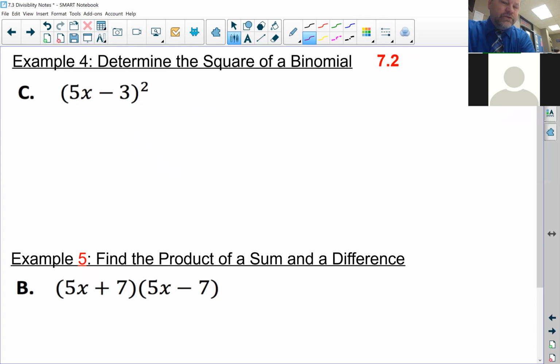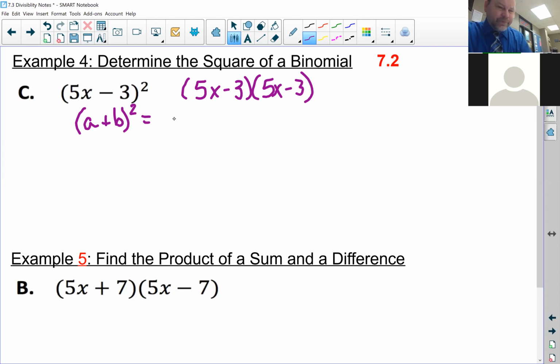If you use the box or the FOIL method, just remember 5x minus 3 squared just means you're taking 5x minus 3 times 5x minus 3. So if you were using box or FOIL, you just have to remember that there are two binomials there that you're multiplying.